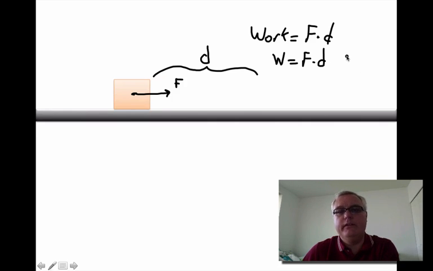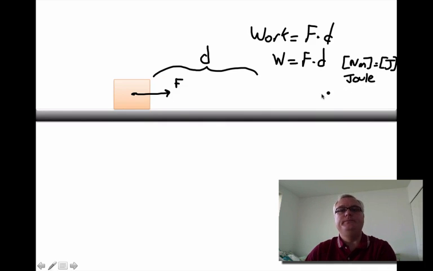But for work and energy, as we'll see, we replace a newton meter with a unit called a joule, which is an uppercase J. So work and energy is measured in units called joules. And so if I apply this force, and the force acts for a certain distance d, we can then determine how much work was done moving that block over that distance.